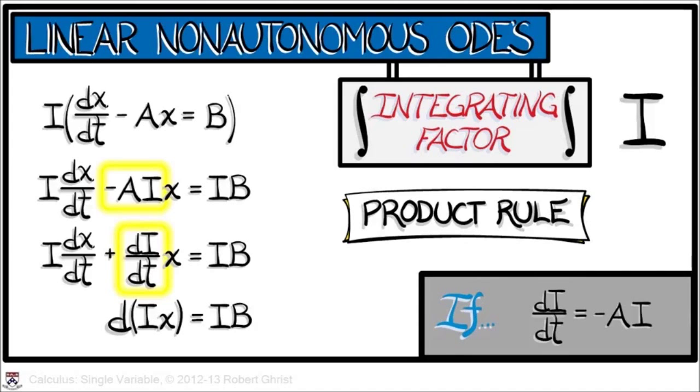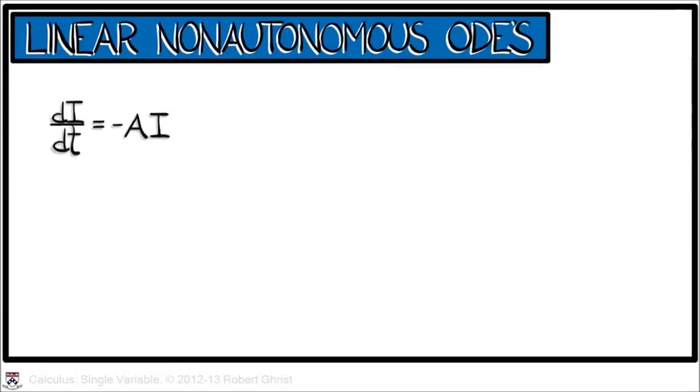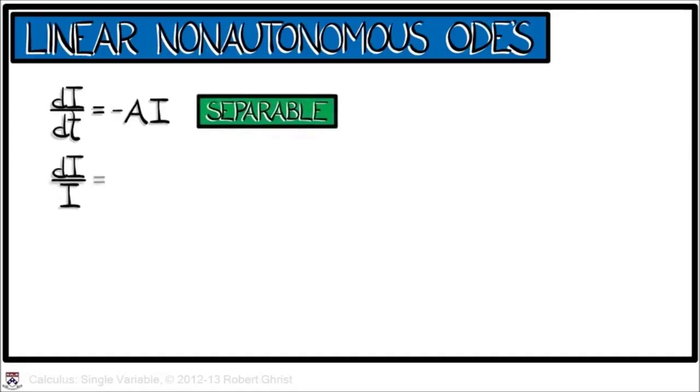Now, focus on that, because what we're doing is deriving a differential equation for this unknown integrating factor, I. That is separable. That is solvable by the standard techniques that we've been using. When we solve that equation, what are we going to get?